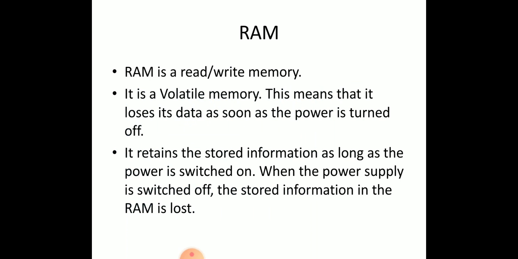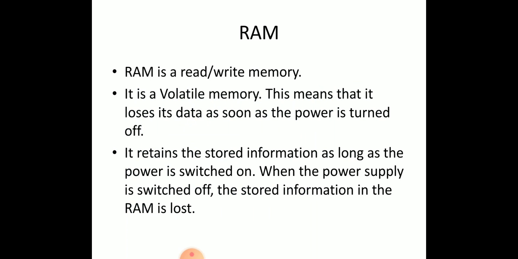First we will see about random access memory. Random access memory is a read write memory. It is a volatile memory. This means that it loses its data as soon as power is turned off. It retains the stored information as long as the power is switched on.